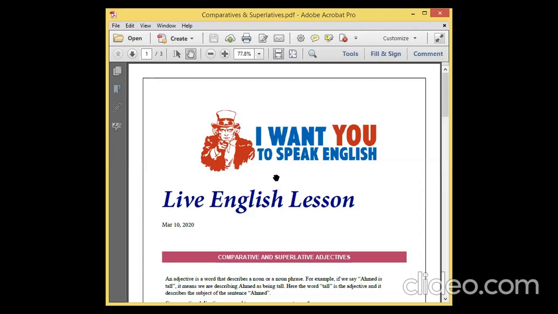Examples of adjectives are big, small, happy, bad, interesting. Adjectives can compare two things or more than two things. When we make these comparisons, we use comparative and superlative forms of adjectives, right?